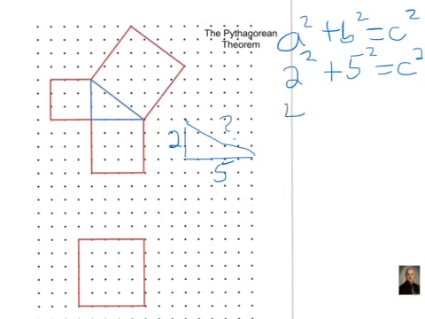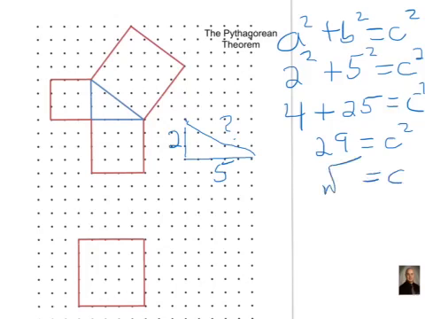2 squared is 4, and 5 squared is 25, and that equals c squared. 4 plus 25 is 29, so c squared is 29. But c itself is the square root of 29 if you take the square root of both sides to maintain equality.